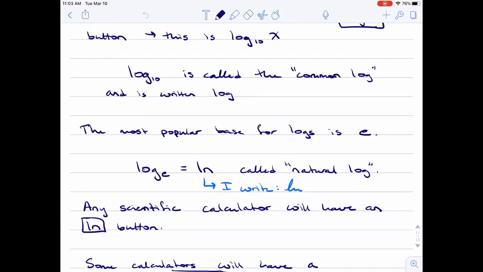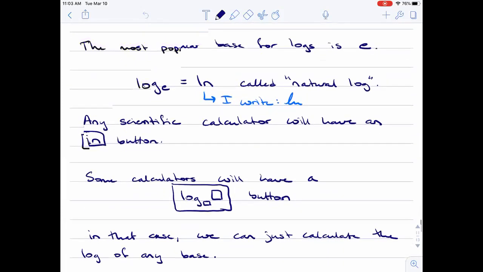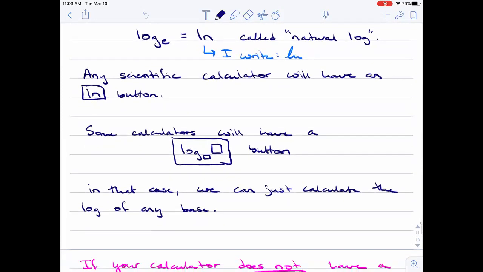And so on your calculators, you will have an ln button. If you have a scientific calculator, it's just going to be a matter of finding it. Some calculators even have a log with an empty base button, which mine does. And then you can just calculate logs of any base if you want to.